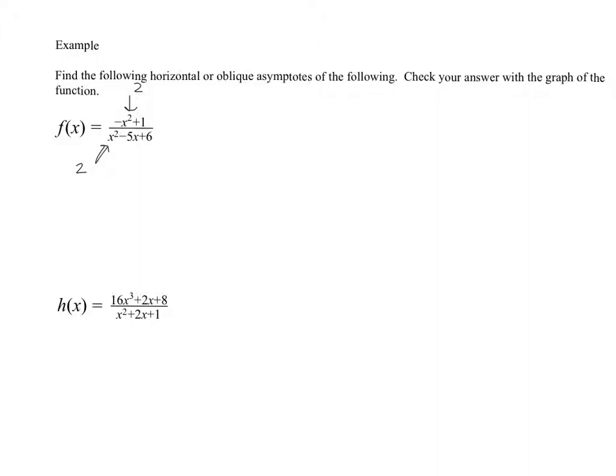So when the degrees are the same, it's a horizontal asymptote, which I'm going to abbreviate HA. And to find it, we divide the leading coefficients. So y equals, the leading coefficient in my numerator is negative 1. The denominator has the leading coefficient of 1. So it's negative 1 over 1, which is just going to simplify to negative 1.